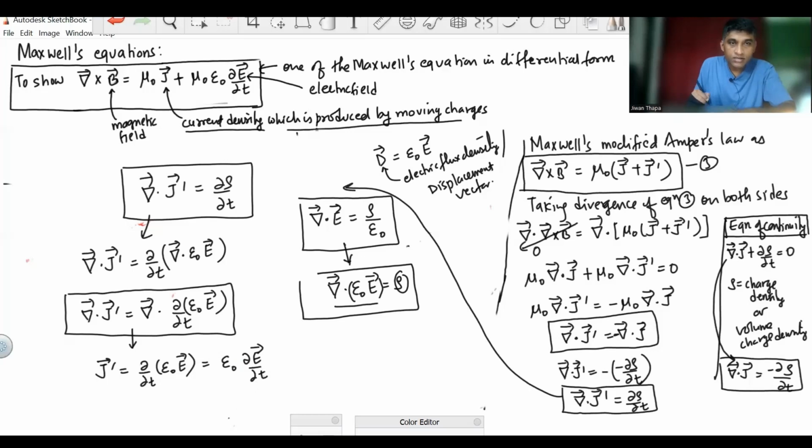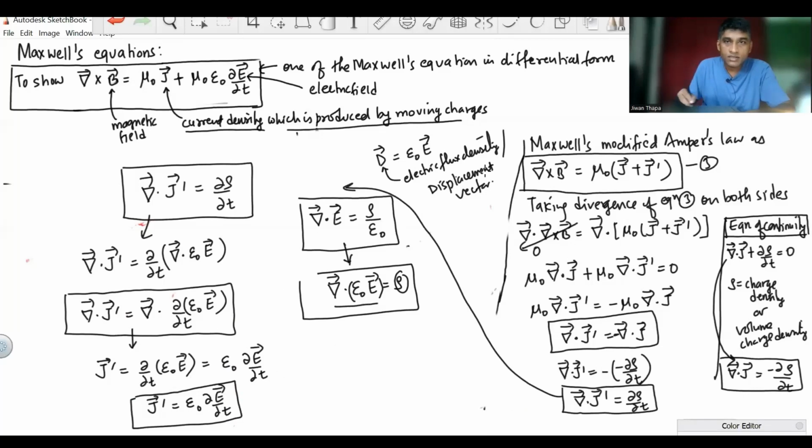So we can write current density J dash equals epsilon naught dE by dt. Clear? So we have this. So let's call it an equation.